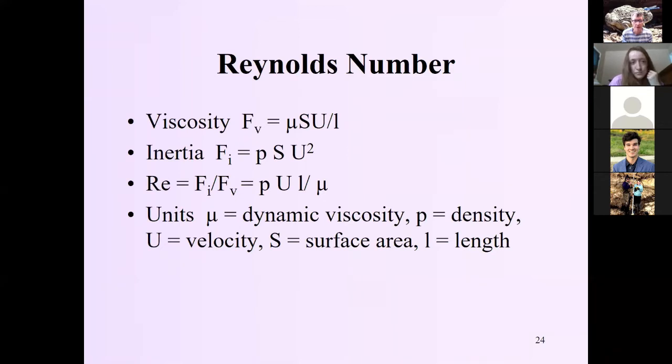But oils are more viscous than water. A lot of heavy oils are, like gasoline's a little bit less viscous than water. So the viscosity becomes higher as the intrinsic viscosity is greater, as the surface area is greater, as the water velocity is greater, and less with a longer object.